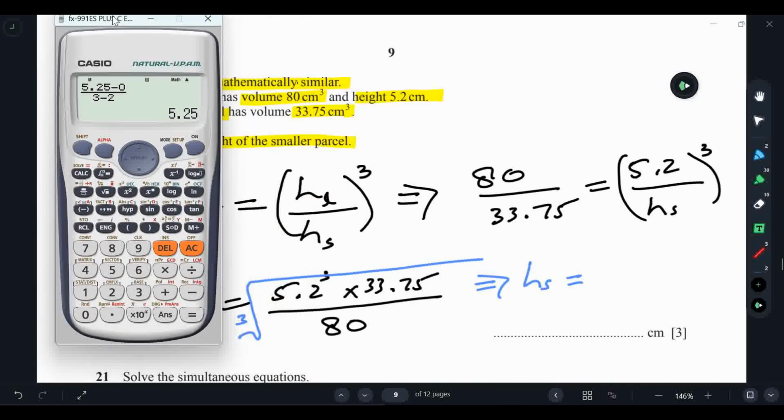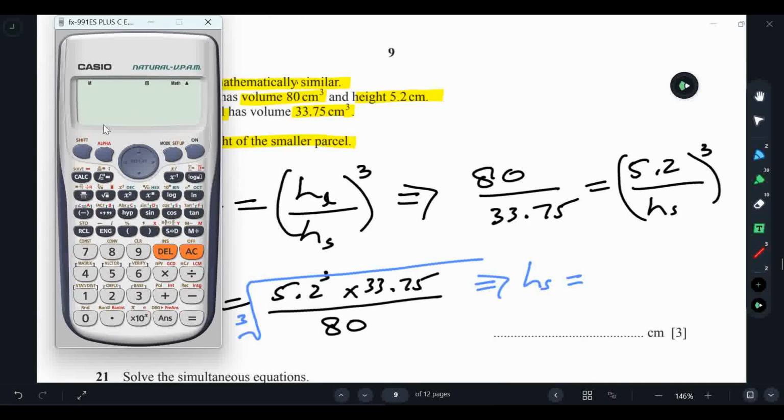Now for the calculator we can write it as shift, cube root of fraction, 5.2 cube, multiplied by 33.75 divided by 80.